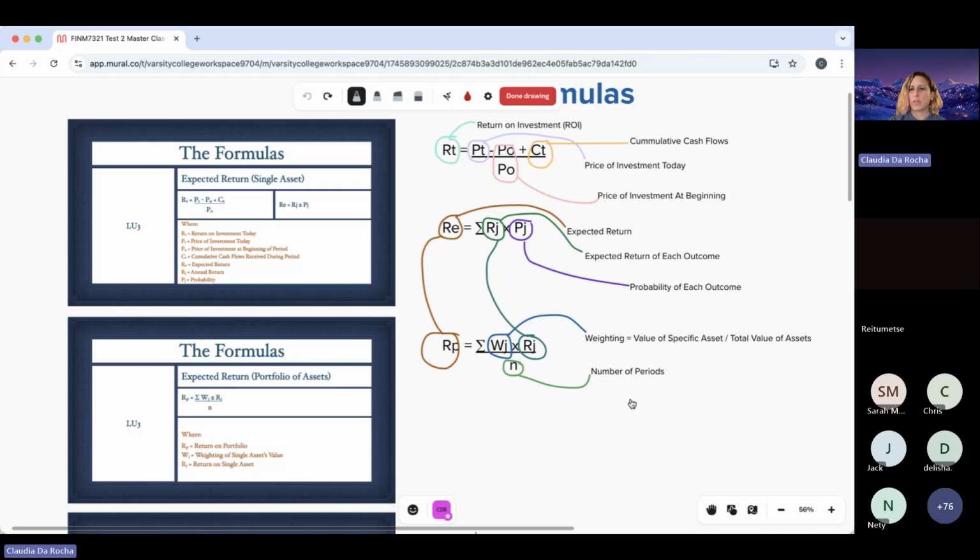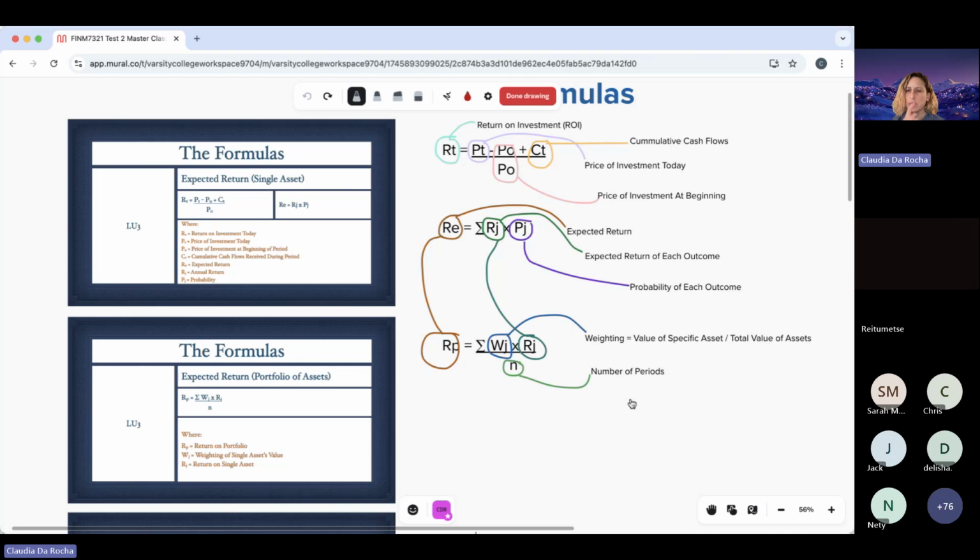I'll also just type it in so that you have it. I've just posted that in case. So expected return, great.